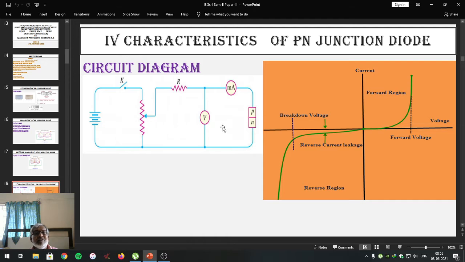To make it work, by using this particular variable terminal of the rheostat, one can change the voltage supplied to the PN junction diode.